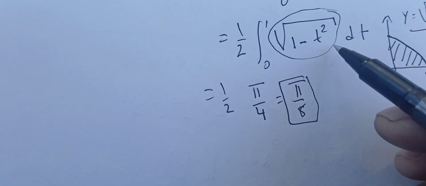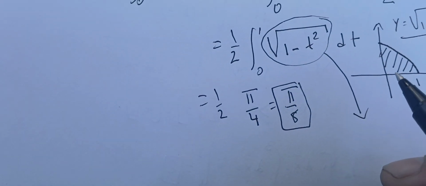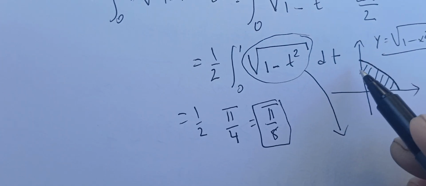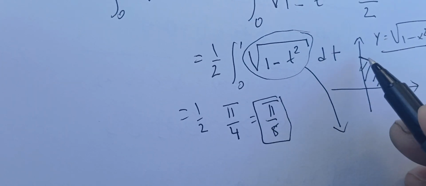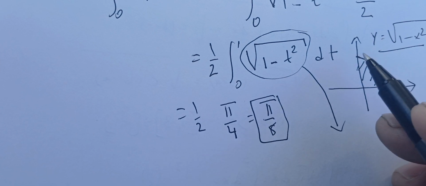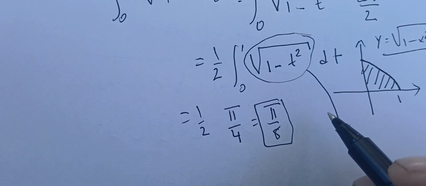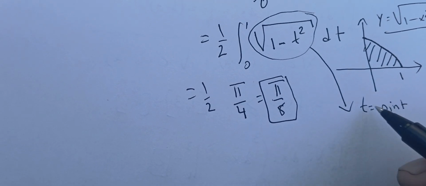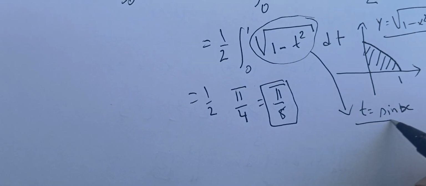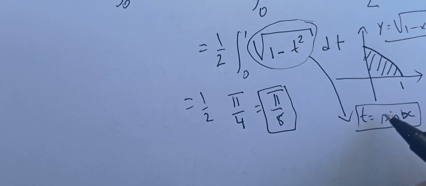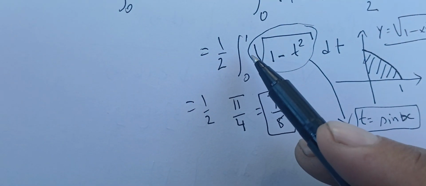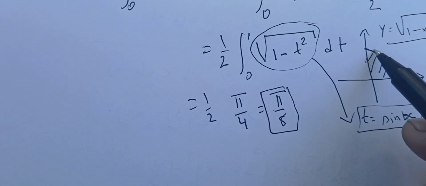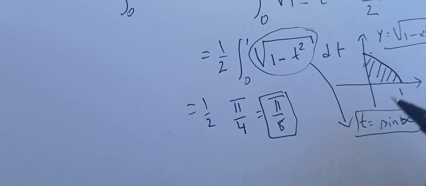If you want to continue from here and work this one out without using the fact that we know the area of a quarter of the circle, we can use another change of variable. We can let t be sine of x. We change the bounds, and we integrate. If you want to do this, be careful here.